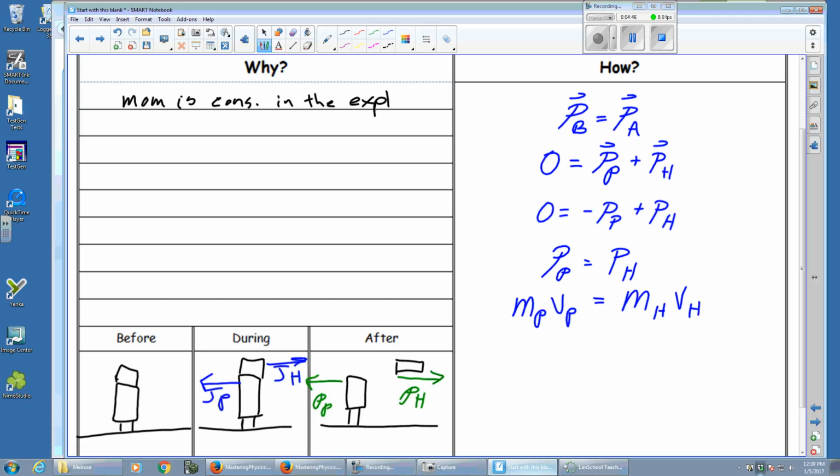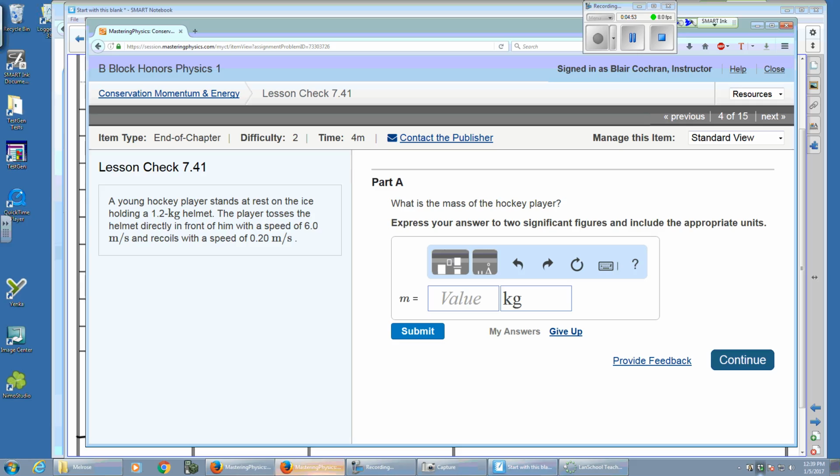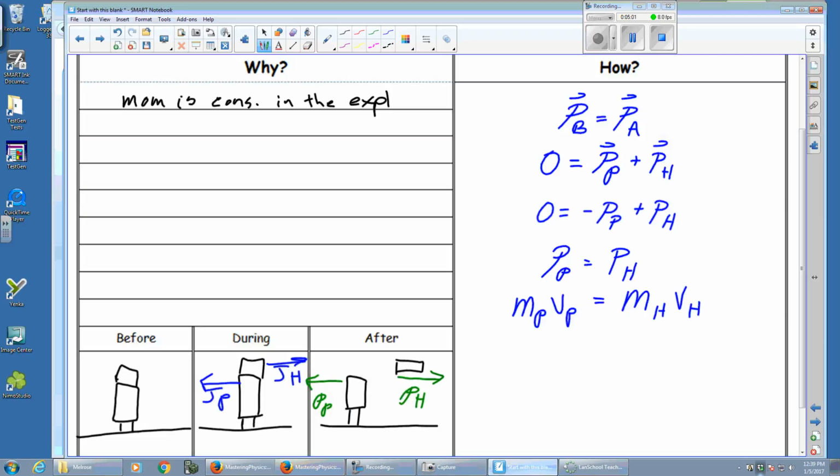Oh, I think I know most of those, don't I? Let's see what I know. I don't know the mass of the player, but I know the mass of the helmet, speed of the helmet and the recoil speed. So, recoil speed for me was 0.2, I think, meters per second.